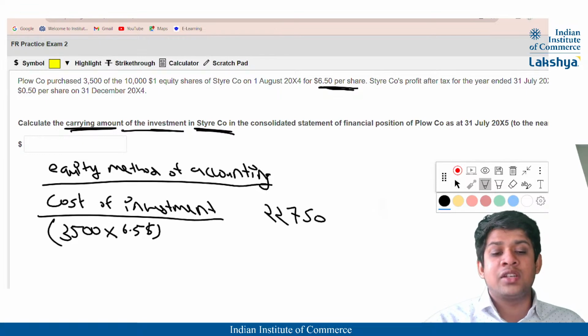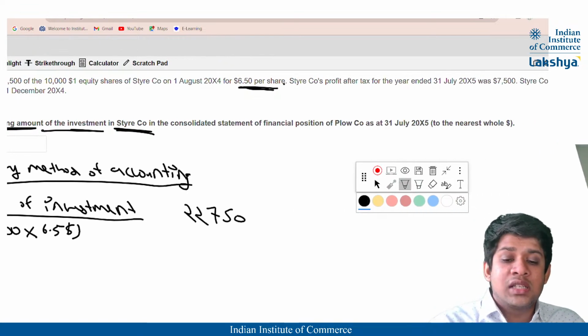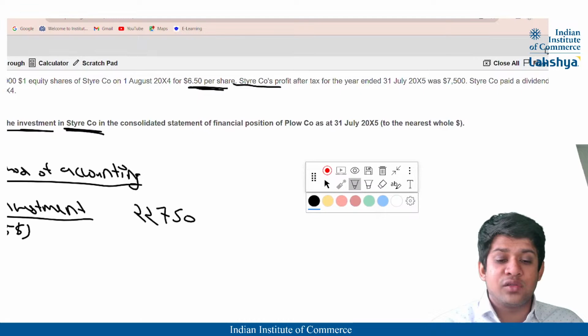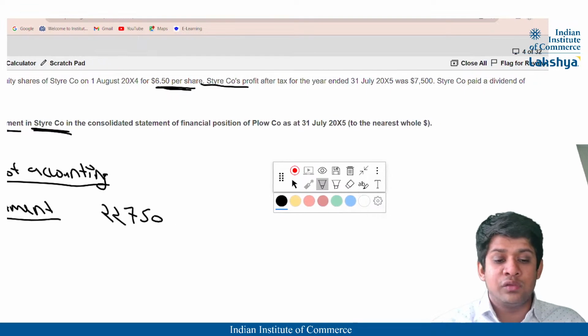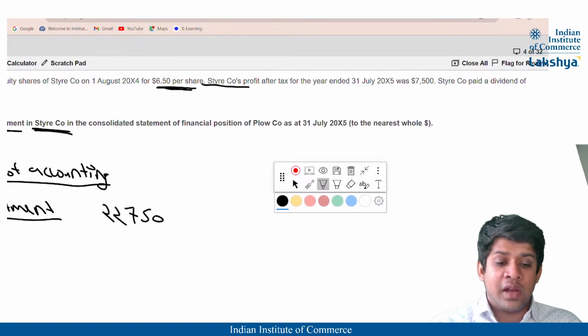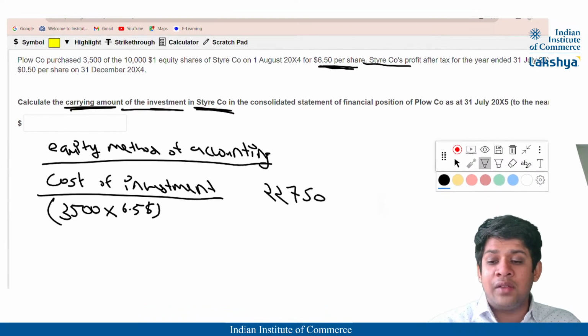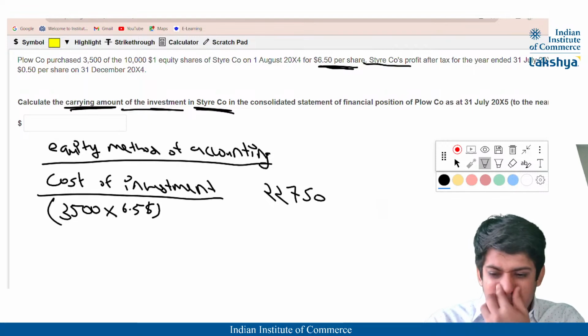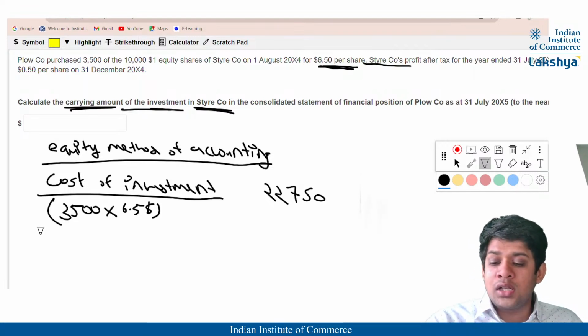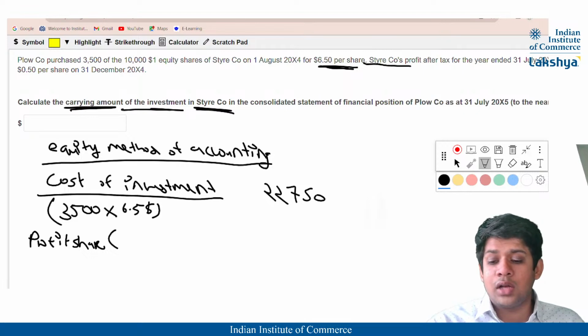Now, what they are mentioning further is that Steyr Company's profit after tax for the year ended 31st July 2015 was 7,500, but Steyr Company paid a dividend of $0.50 per share. So firstly, we'll calculate the profit share that we will get, because that will increase our investment in associate.